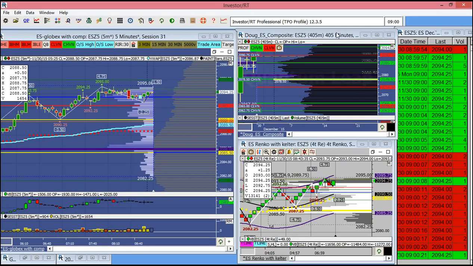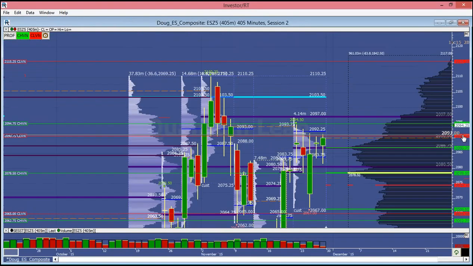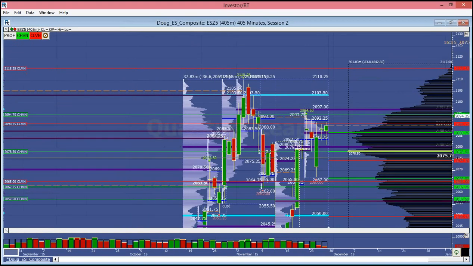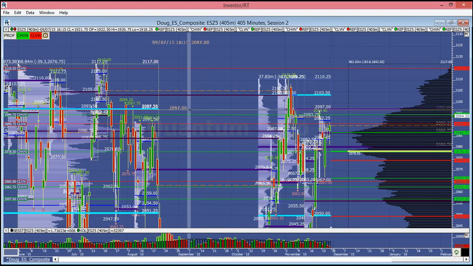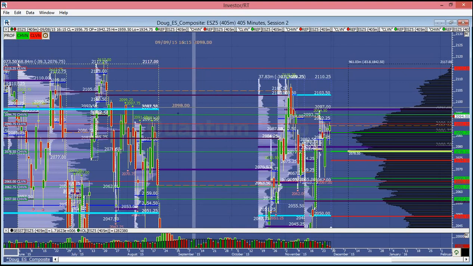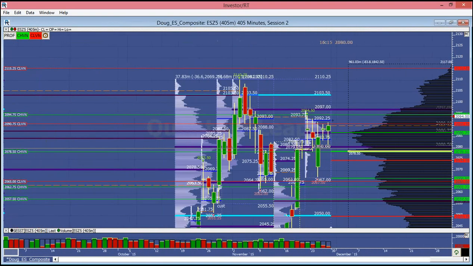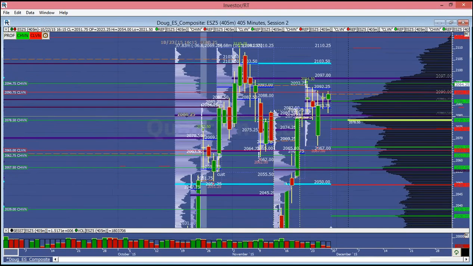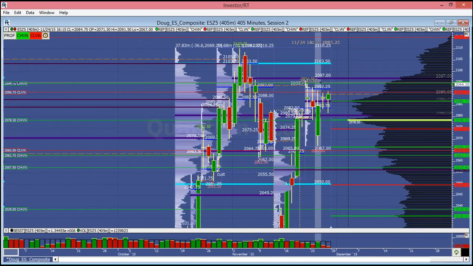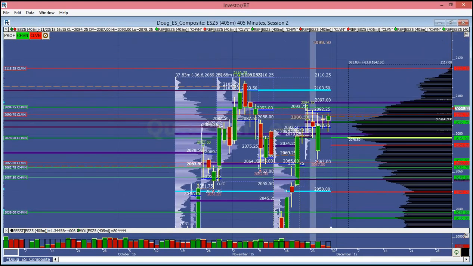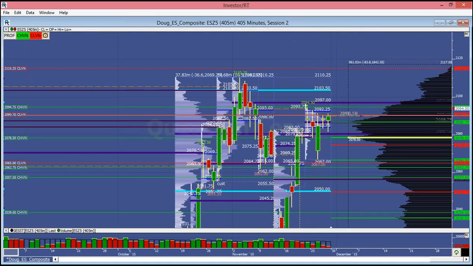So let's take a look at the big structure. Basically, we're inside the longer term value area, the microcomposite that ran from February through to August. We've come back up. I've drawn a new one from October the 16th through till Friday, and we accepted value right here at 87.